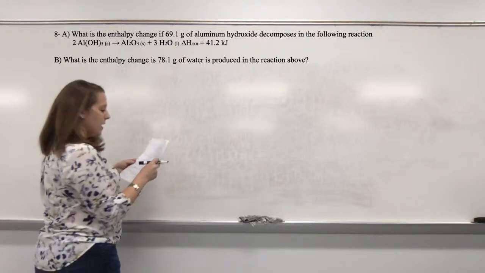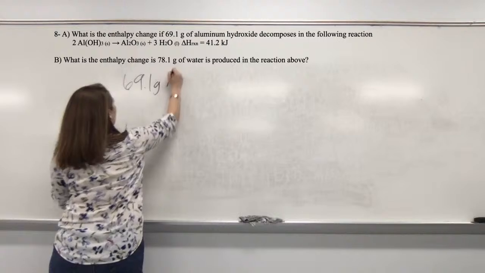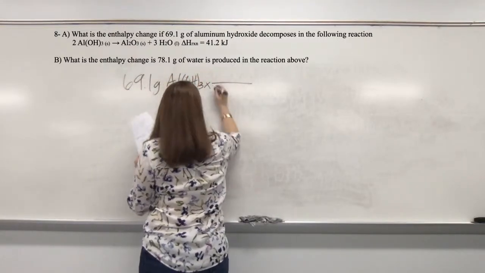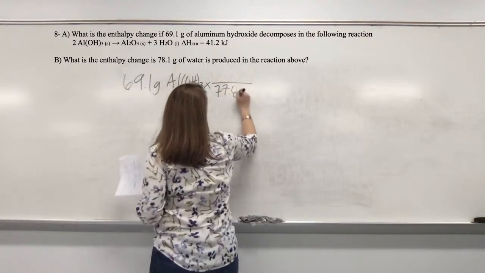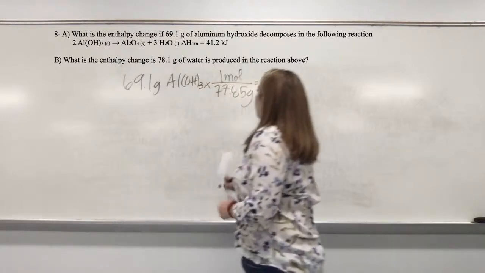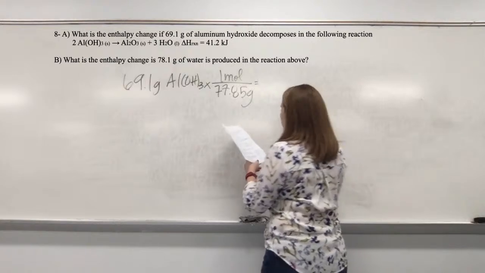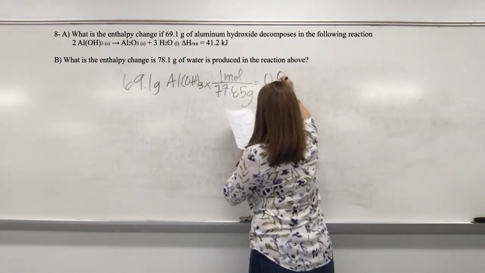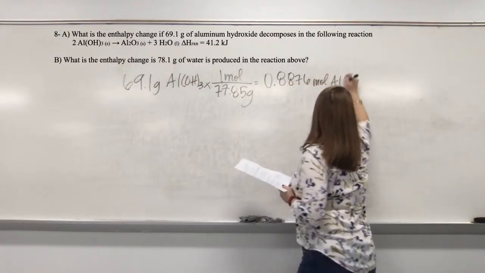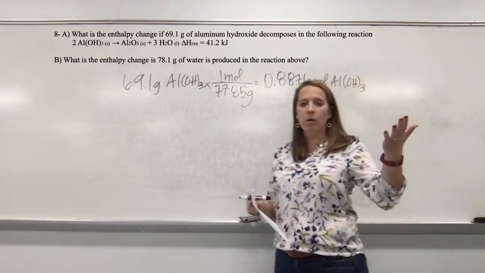So we take our 69.1 grams of aluminum hydroxide, and that is 77.85 grams in 1 mole. When we calculate the number of moles, we get 0.8876 moles of aluminum hydroxide.